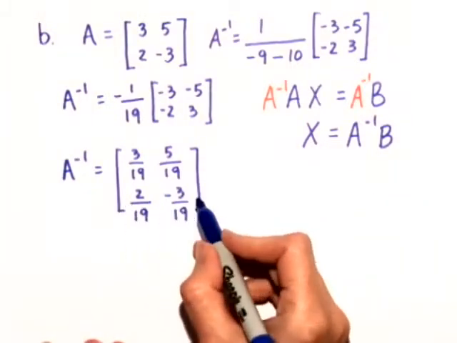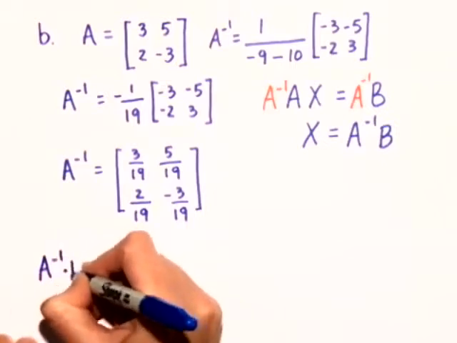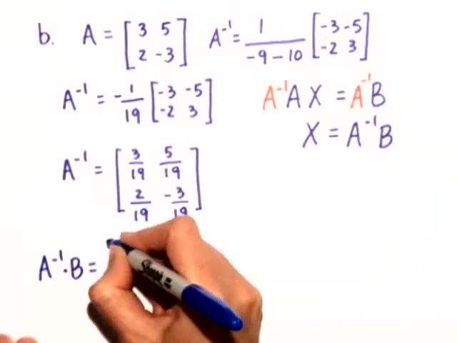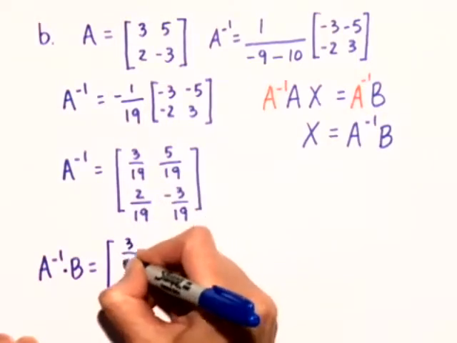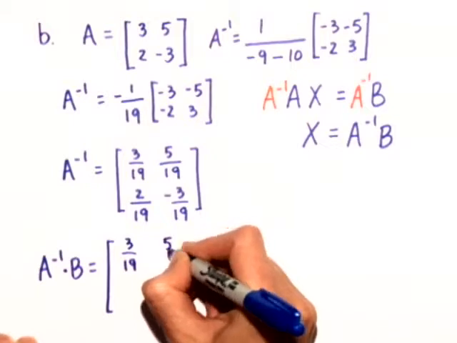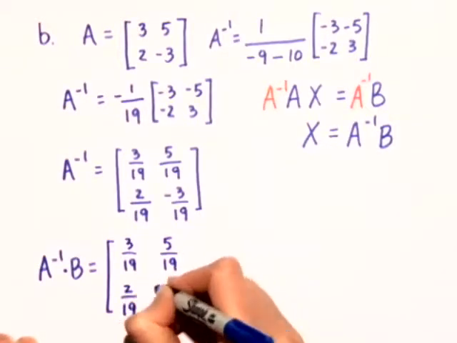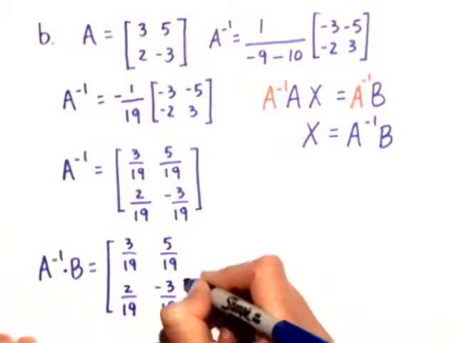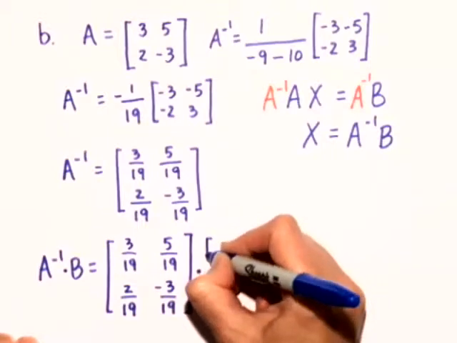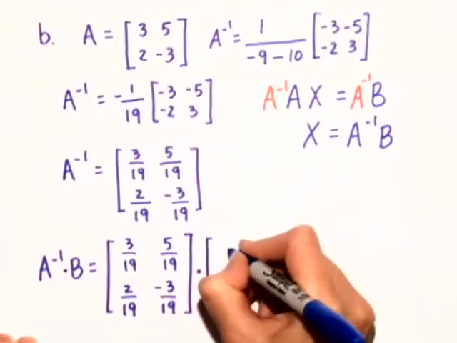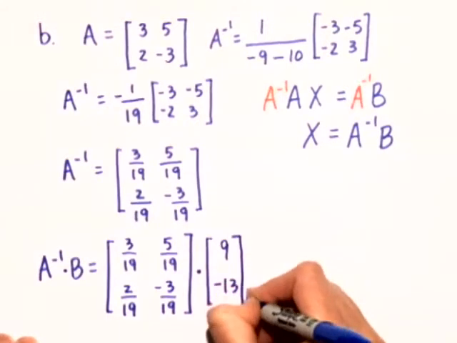Here we have our A inverse matrix, so we can say that A inverse times B is just equal to, let's rewrite A inverse, 3 over 19, 5 over 19, 2 over 19, and negative 3 over 19, times, remember, those right-hand coefficients that we started with in part A were just 9 and negative 13.